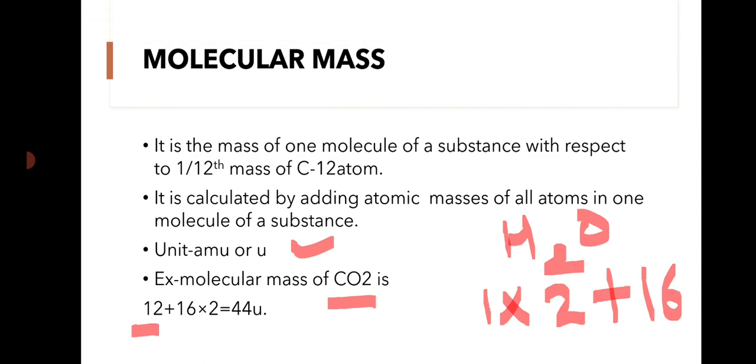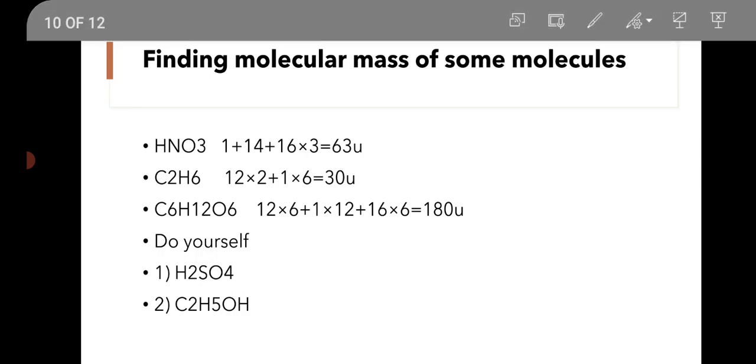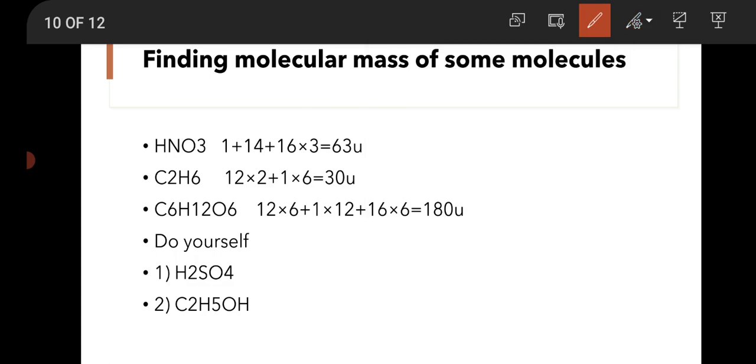Let us do some more examples for molecular mass, finding the molecular mass of some molecules. First one is HNO3. See, HNO3: hydrogen 1, nitrogen atomic mass is 14, oxygen atomic mass is 16, into 3, it comes out to be 63 U. C2H6, it is known as ethane.